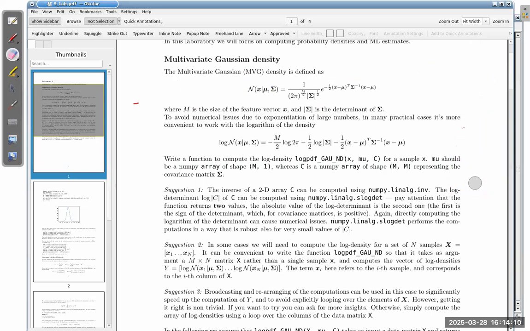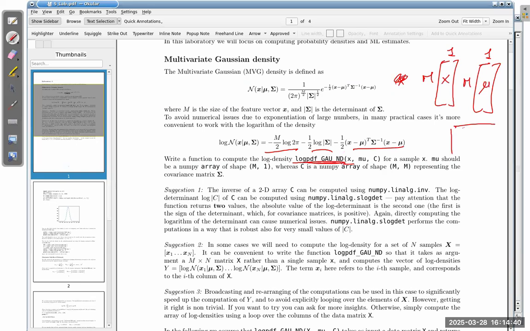So to avoid this kind of issue, it's better if we look at the logarithm of the density. In this case, I would have just the square norm term, which would not underflow. The logarithm of the density has this expression. First step, compute a function that, given a sample x as a column vector, so m times 1, the mean mu again as a column vector, m times 1, and the covariance matrix sigma, which will be m times m, or we call it C in the code for covariance.